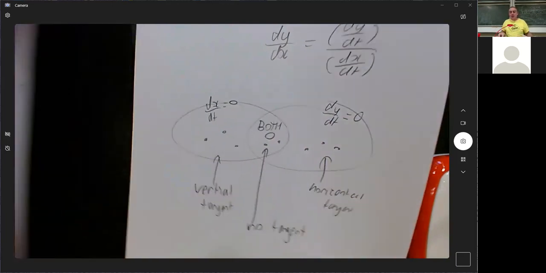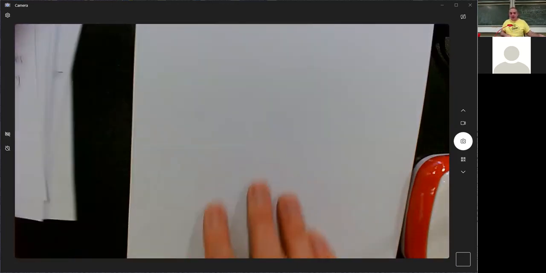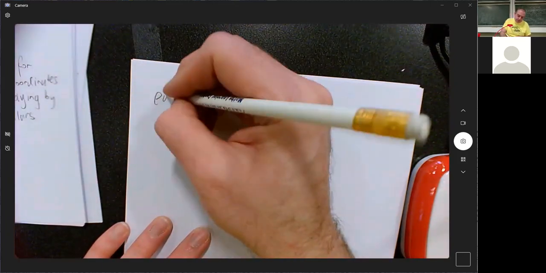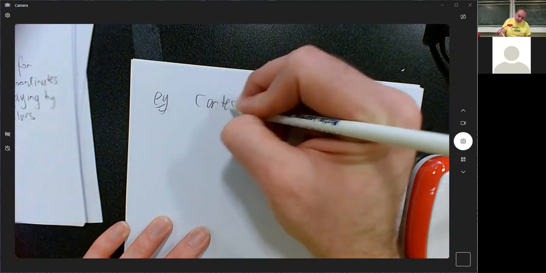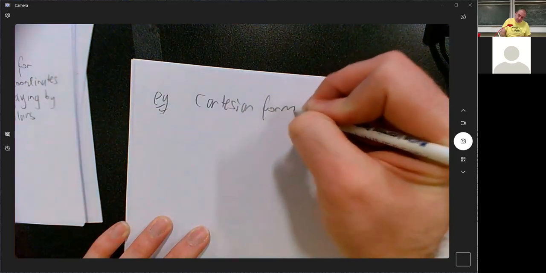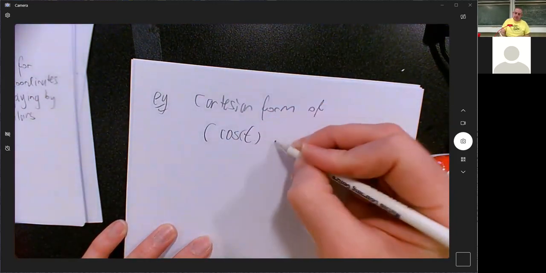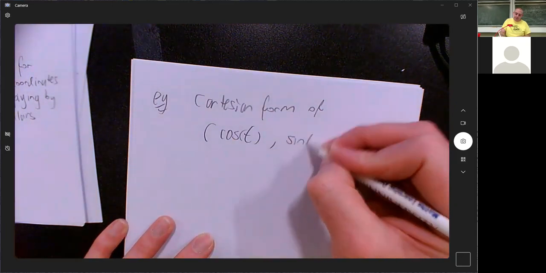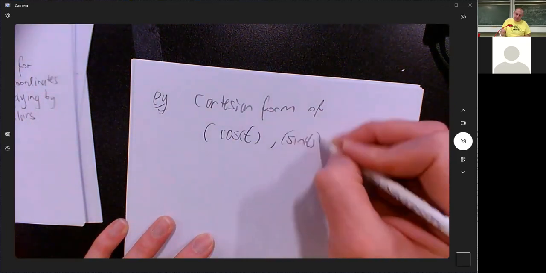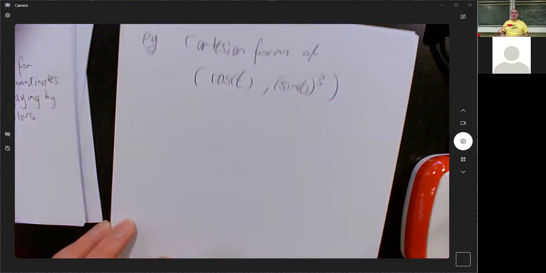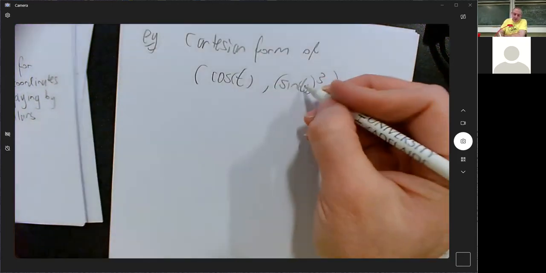Okay. I did want to do one final example of making the Cartesian form. This may be bad. It may not turn out very well at all.